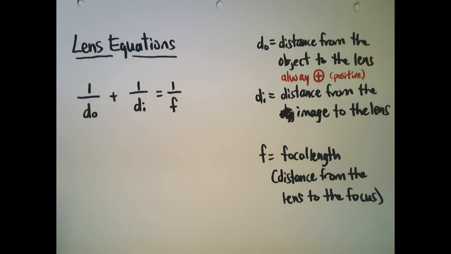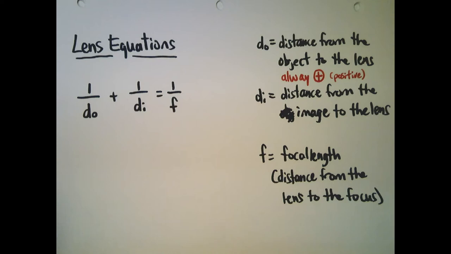Now the image can actually have two values. You know that a real image is something that you can put on a wall, or a piece of paper or a screen, whereas for a virtual image you have to look through the lens, and you draw that little eyeball indicating you have to look through the lens to see the image.